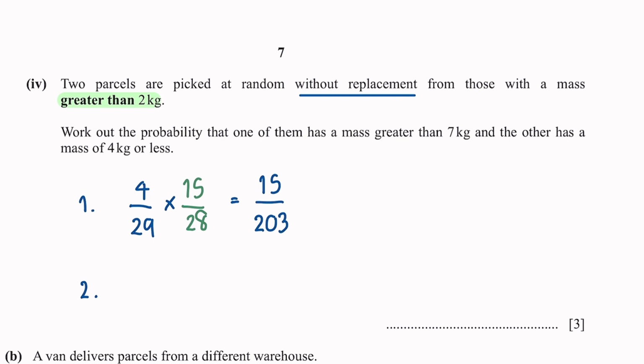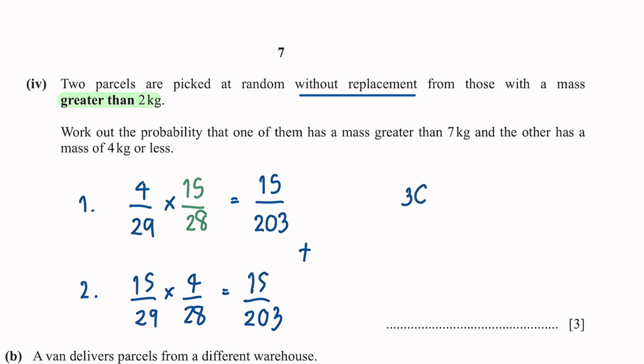Therefore, the second case will be 15 over 29 multiply 4 over 28, which is the same answer. And then you add them together. You will get 30 over 203.